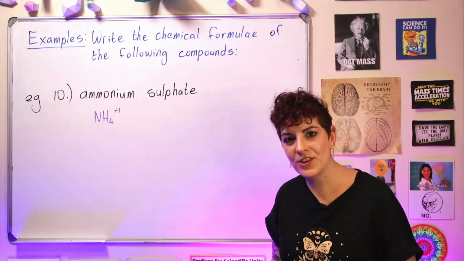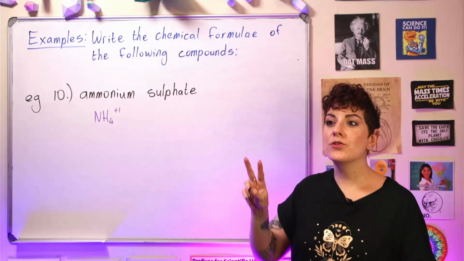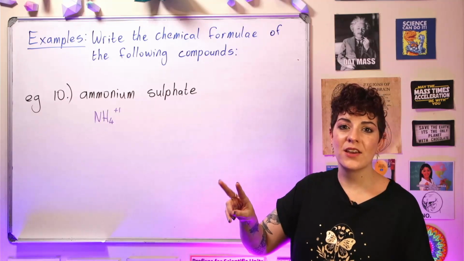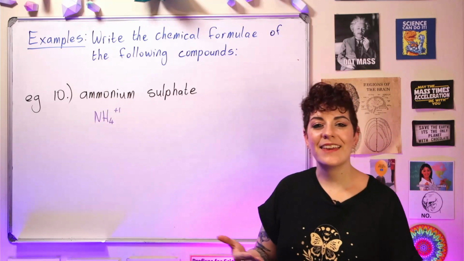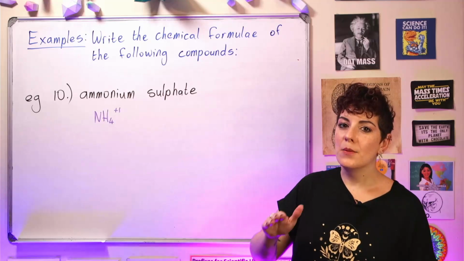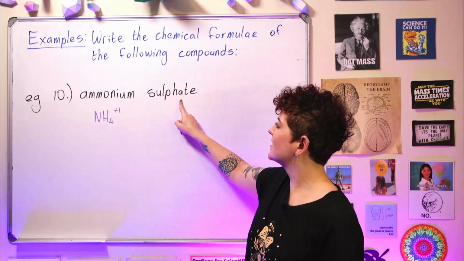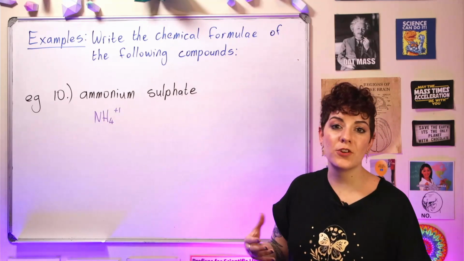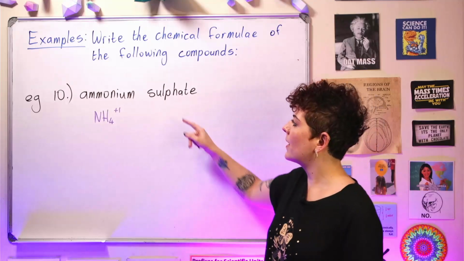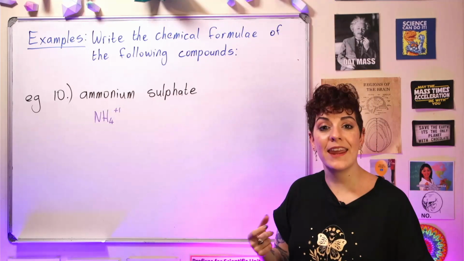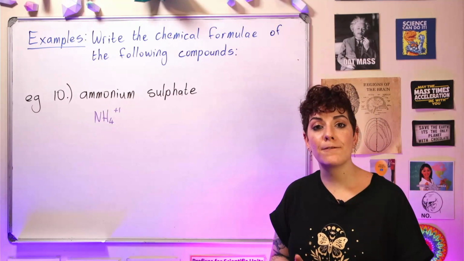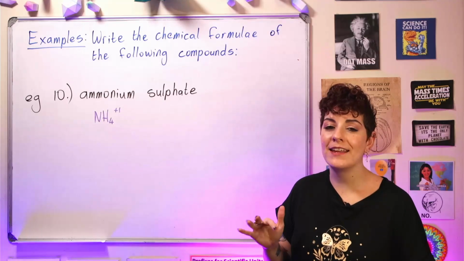And it's true that you can get compounds with two polyatomic ions, where one is positive and the other is negative. Please bear in mind that the word sulfate can have a different correct spelling, where you replace the PH with an F. So you could spell sulfate S-U-L-F-A-T-E.